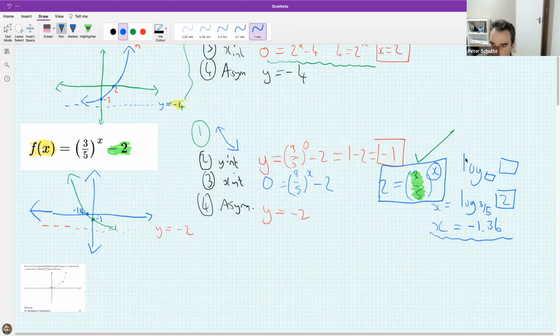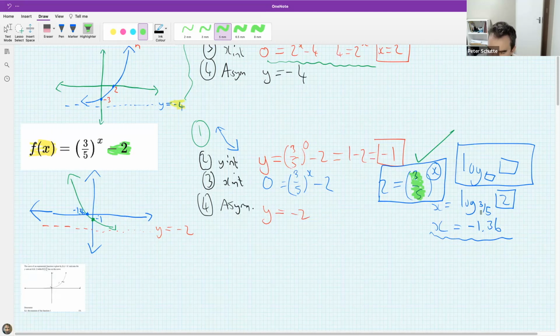And then all I said is, if you want to get the solution, and you'll learn about this in grade 12, you can use the log button, where you just take whatever the base is and you write it in the bottom, and whatever the other number that was involved, you write here. And then if you press equals, you'll get the answer that you're looking for. But because it's not relevant for grade 11, I'm not going to go any further than that.